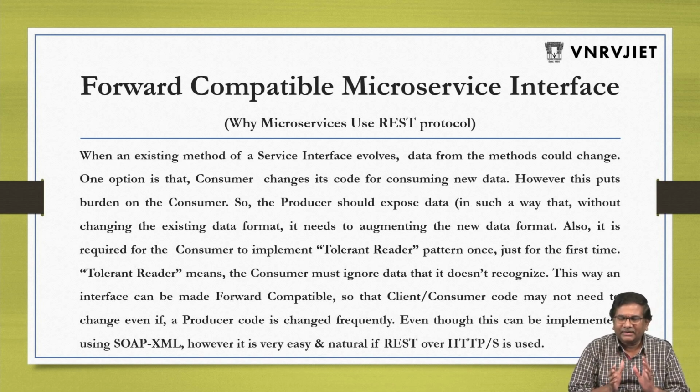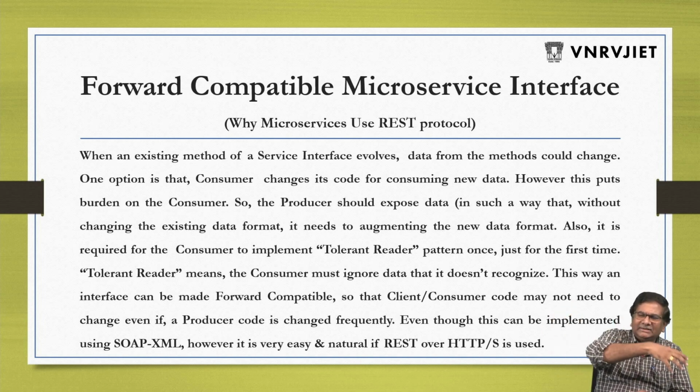So basically, what it means is to make the consumer a tolerant reader. It is required for the consumer to implement the tolerant reader pattern, just the first time, in order to avoid that problem. For example, let's say the producer is giving data.